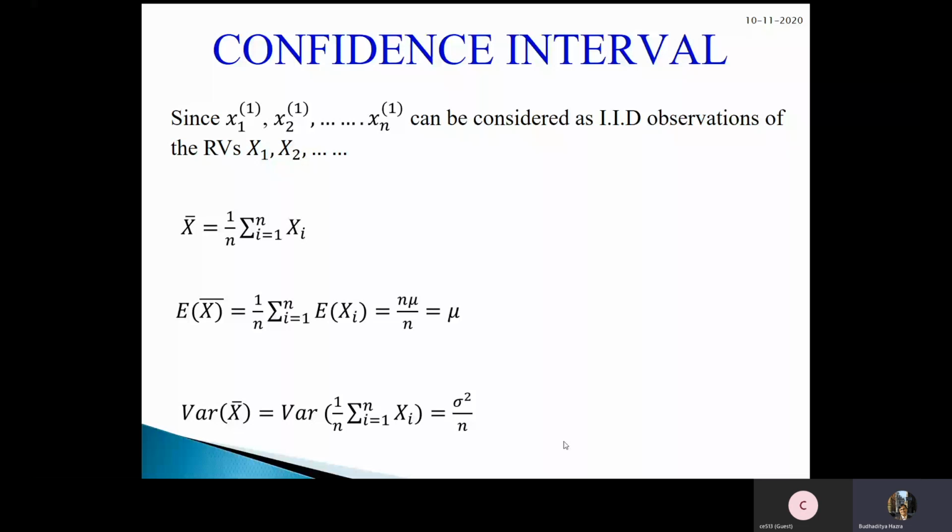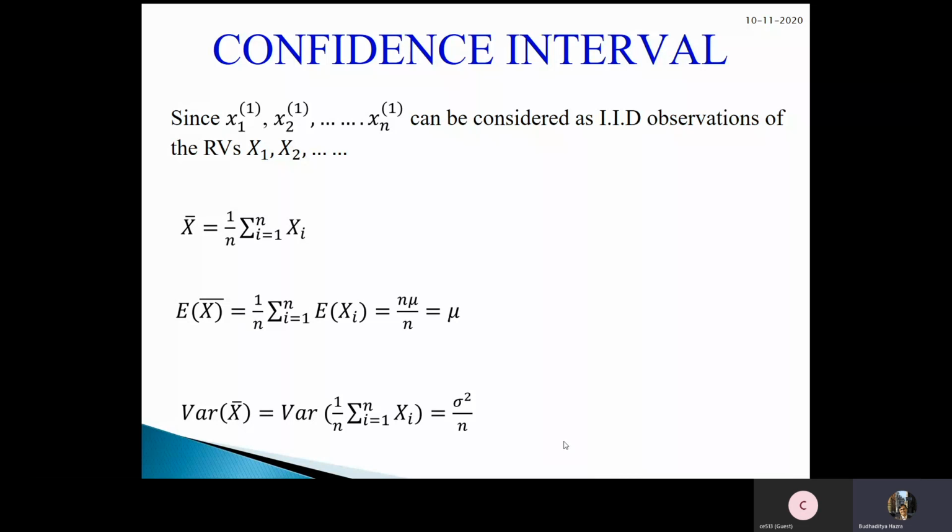Right. So we are saying that x11, x21, x31, x41 are basically IID observations of the random variable X1. So it means every sample small x1 belongs to the random variable capital X1, and every sample small x2 belongs to the random variable capital X2. This is the I part, the independent part.